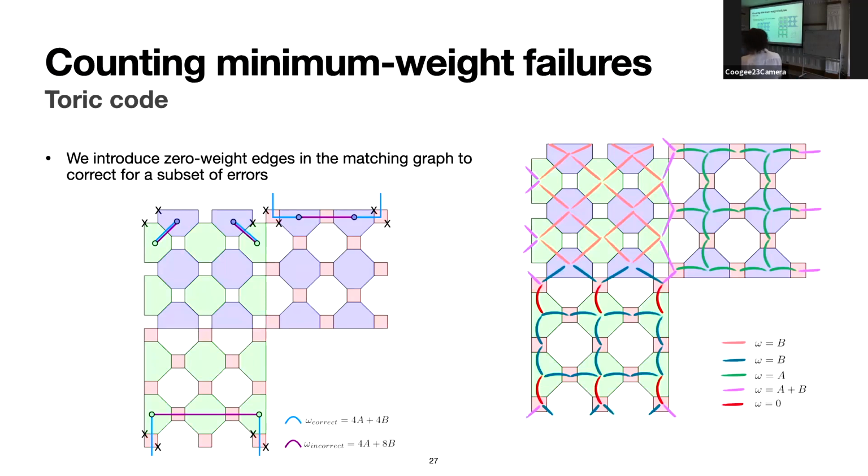So before, what we were using was this matching graph, except the red edges also had a weight B. And that created errors of this type on the left. Here I show the correct and incorrect matching configurations.